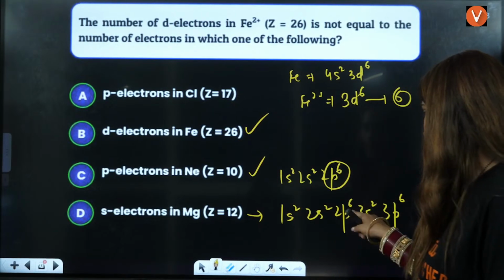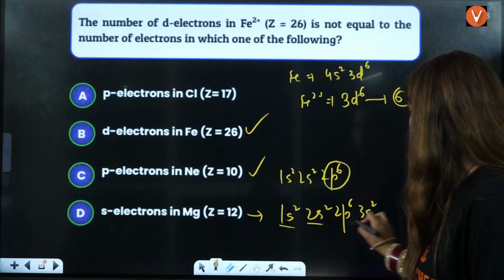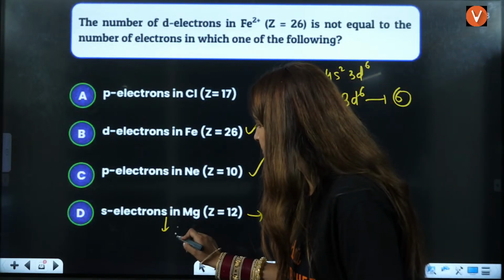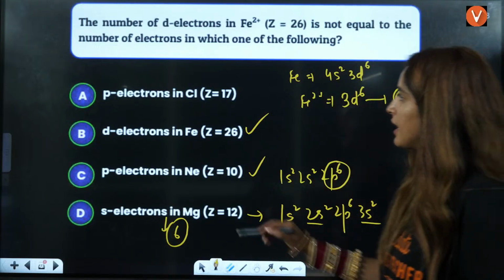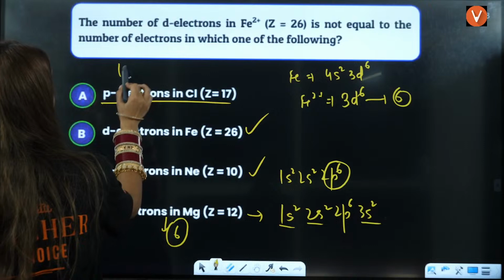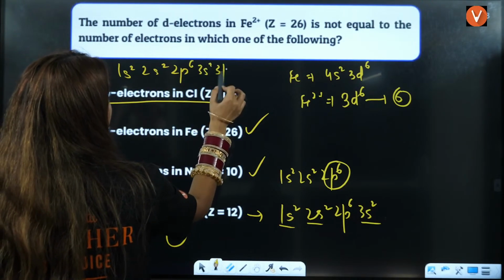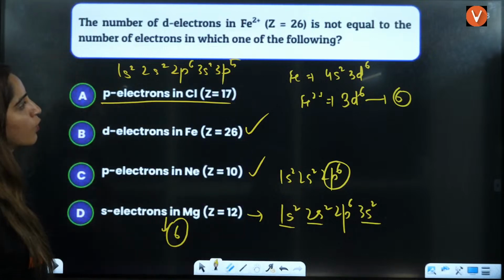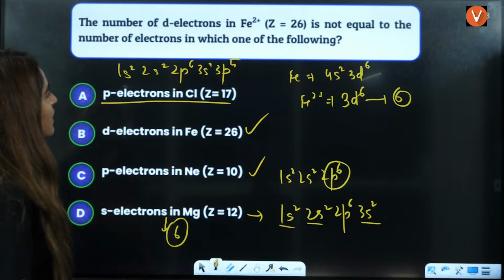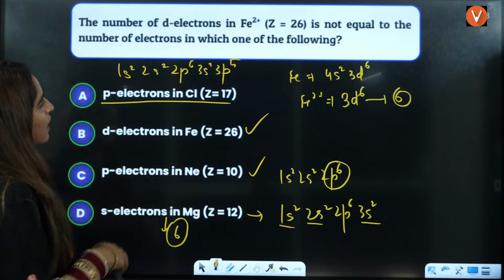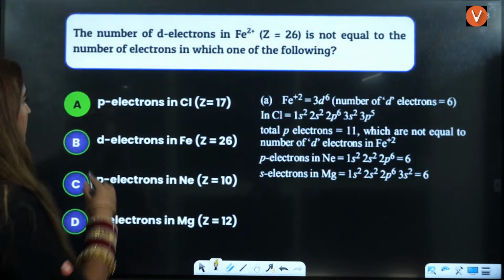Counting the s electrons, 1, 2, 3, 4, 5, 6, it also has 6 electrons, beta. If you talk about chlorine, it will be 1s2, 2s2, 2p6, 3s2, 3p5. The p electrons in chlorine are 5 plus 6, not equal to 6. So the answer will be A.